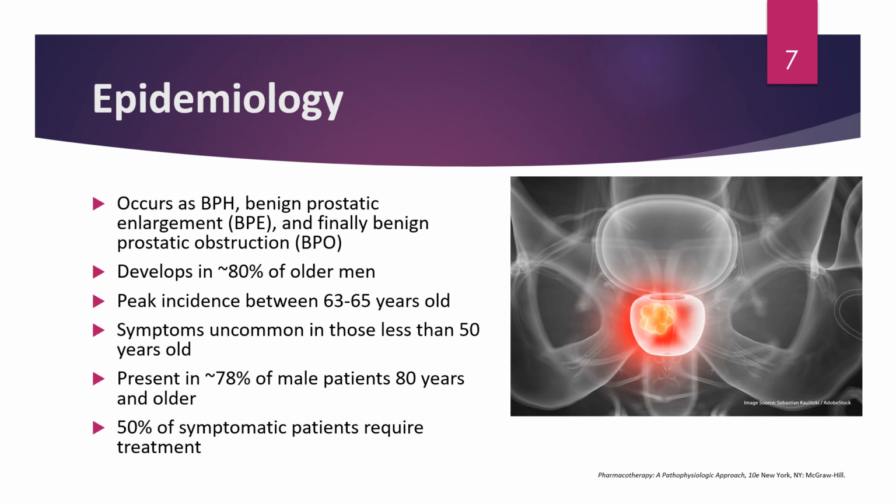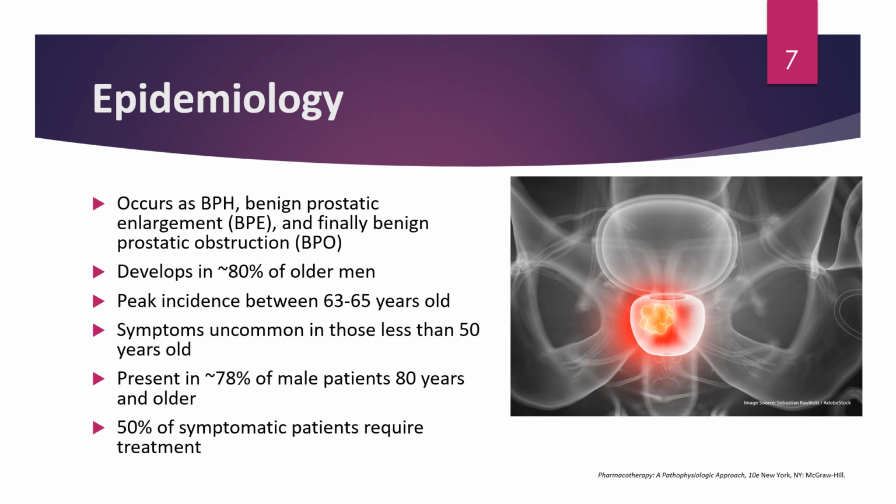It is present in about 78% of male patients 80 years and older, and this is more or less because of natural processes going on in our body that cause enlargement of our prostate, which we will discuss in a little bit. 50% of symptomatic patients actually require treatment, which is dependent on the symptomatology of our patient and how severe it is, and we'll also talk about how we grade our symptoms in regards to BPH.